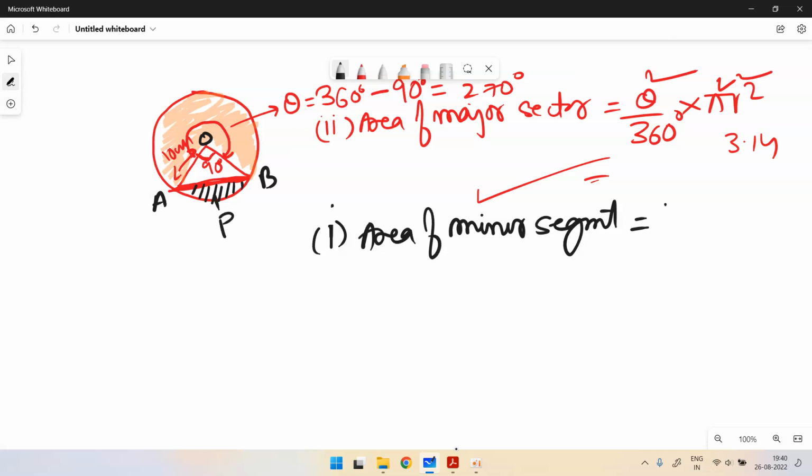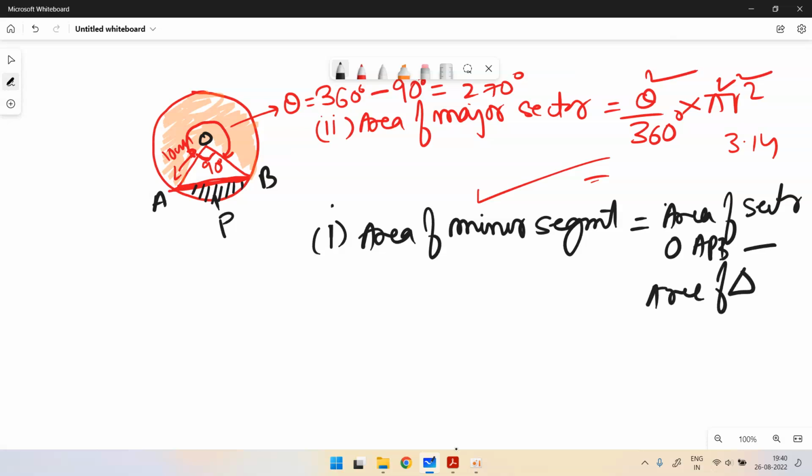Let us say this is P. The area of the minor segment is the area of sector OAPB minus the area of triangle OAB.